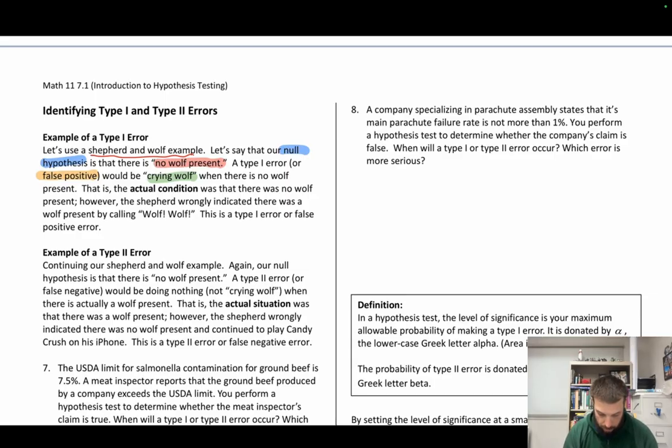Again, the actual condition was there was no wolf present, but the shepherd wrongly was calling wolf. This is a type 1 error, or a false positive.